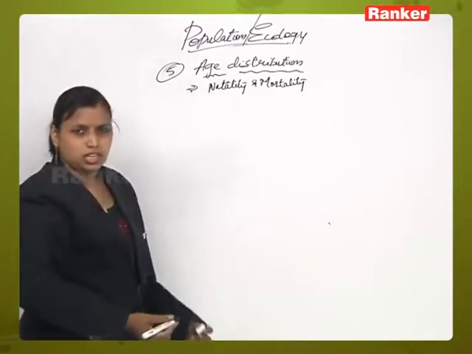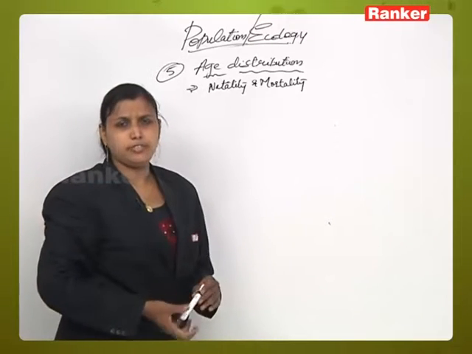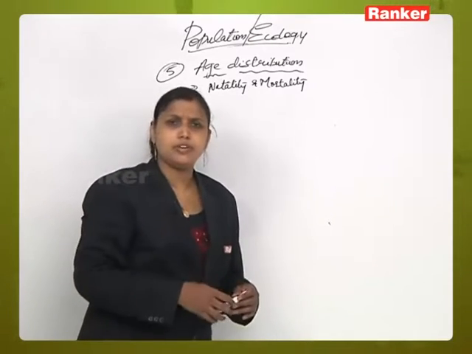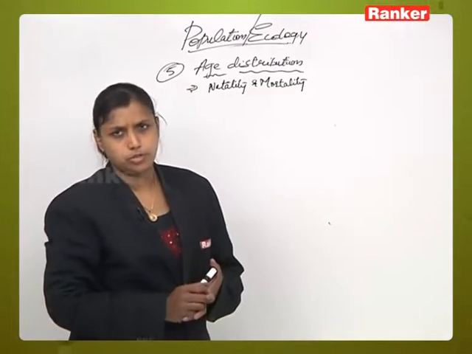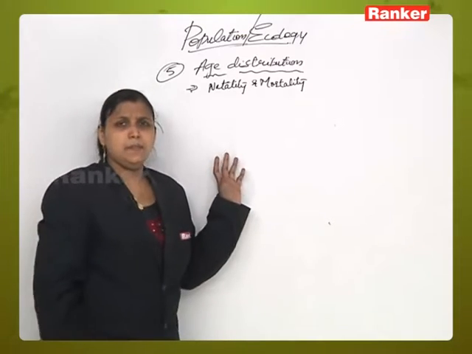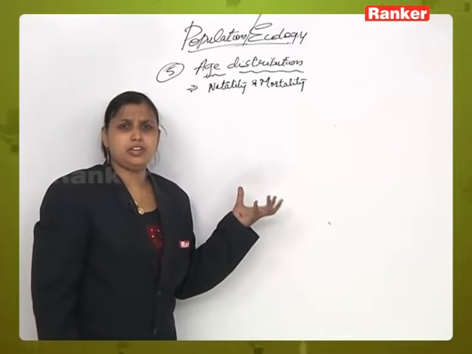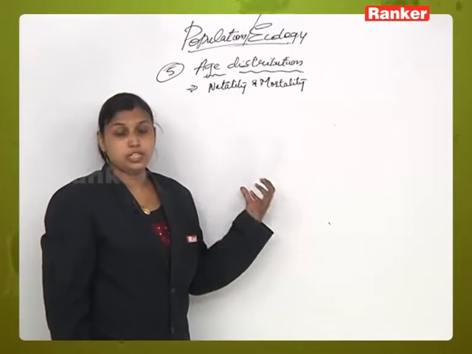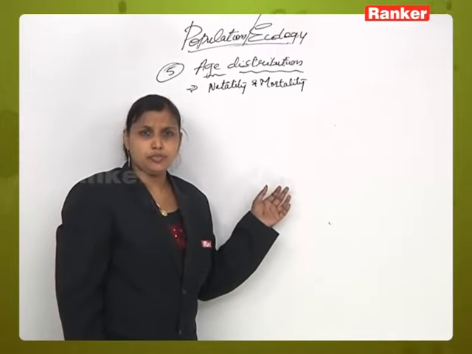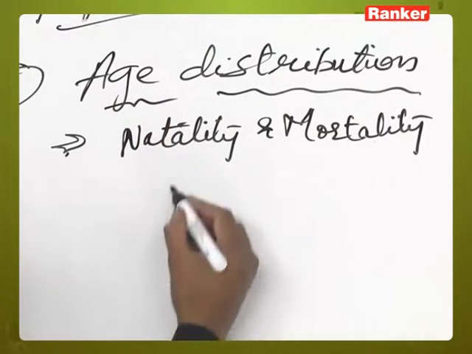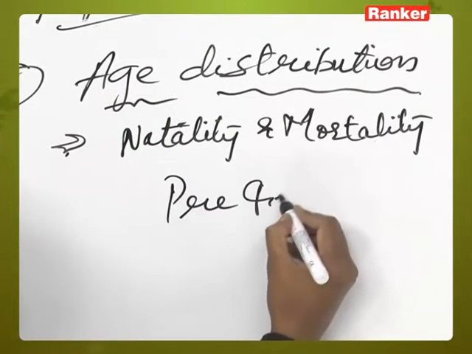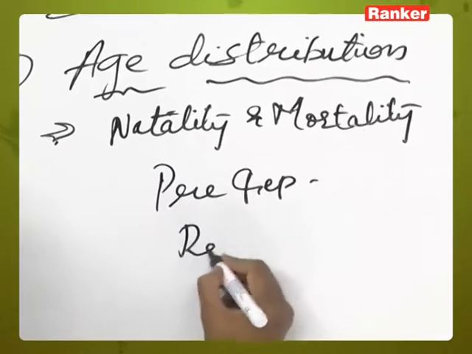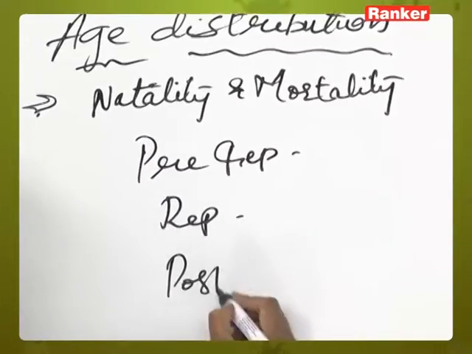Now in this, here also we will take the 3 phases of the life cycle: pre-reproductive phase, reproductive phase and post-reproductive phase. As I said earlier, the increase in population or increase in the individual is more in the reproductive phase when comparing to the pre-reproductive phase and post-reproductive phase.